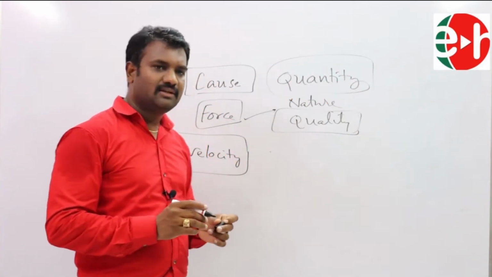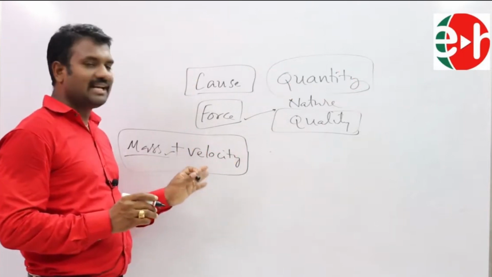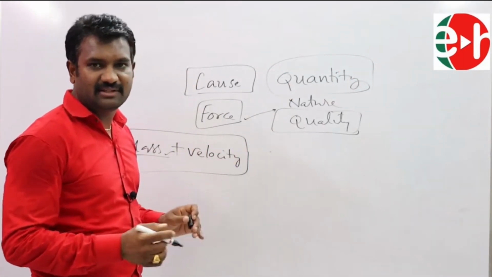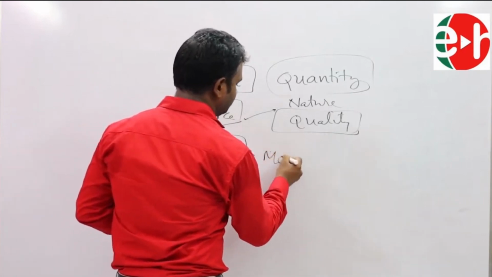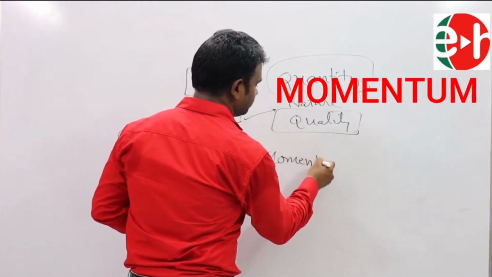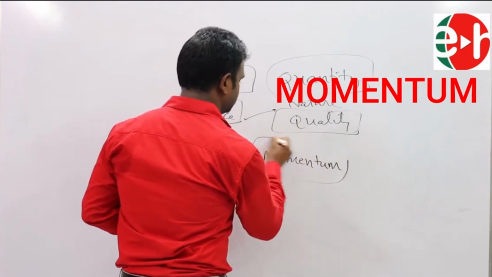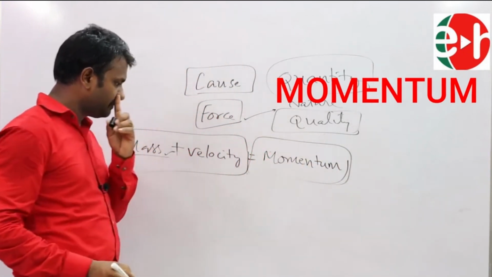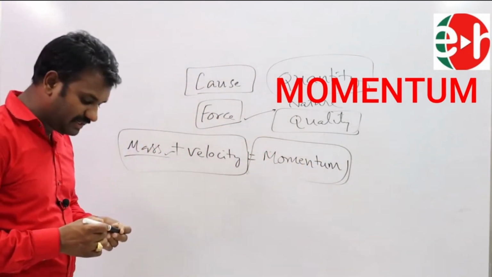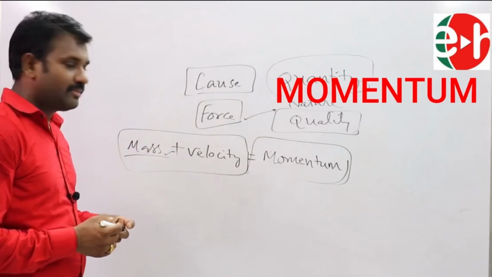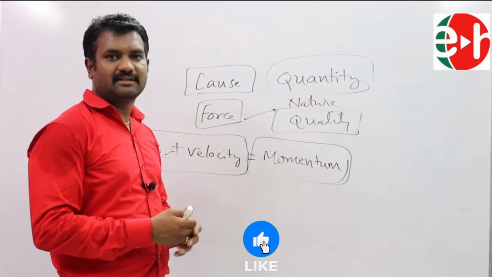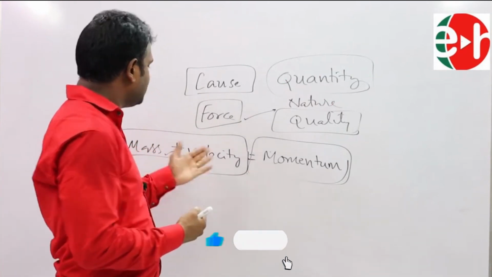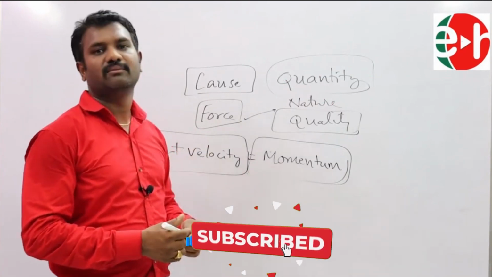Hence, by joining these two, we can explain its mass and velocity with a single physical quantity, that is momentum. What is momentum? The description of the body with the help of mass and velocity is known as momentum.